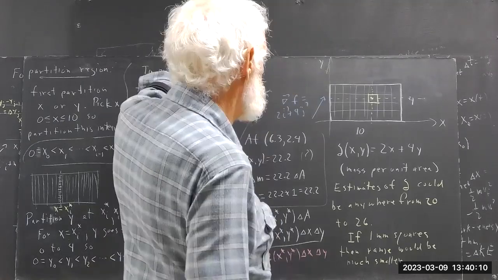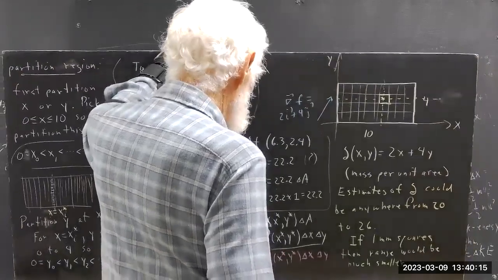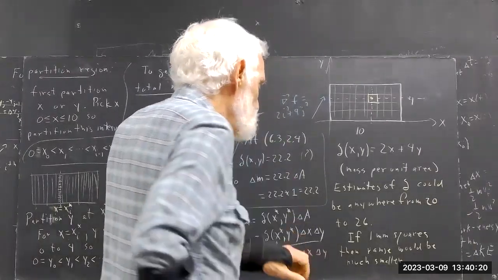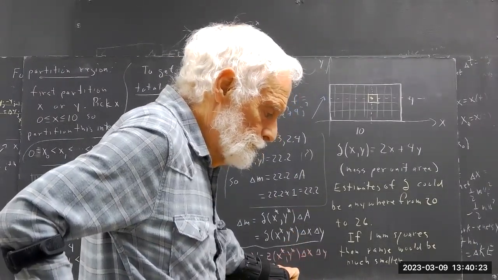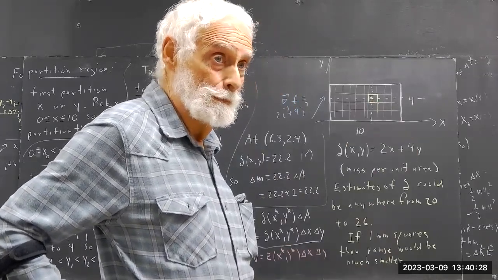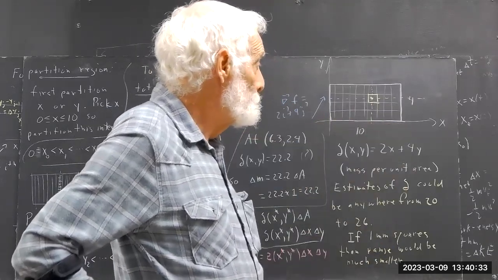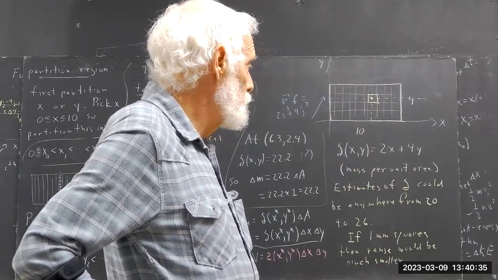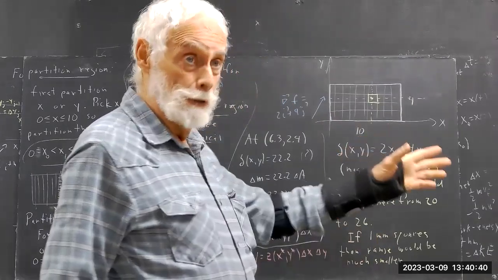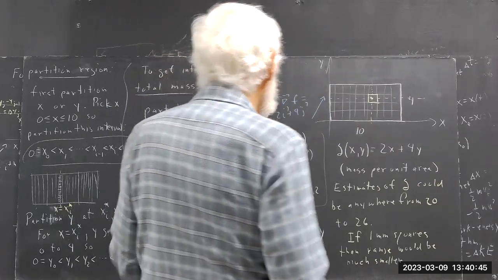Something else I wanted to say. Well, let's say now that we want to find the center of mass of this thing. And let's say instead of the 2x plus 4y function, it's 2x squared plus 4y.